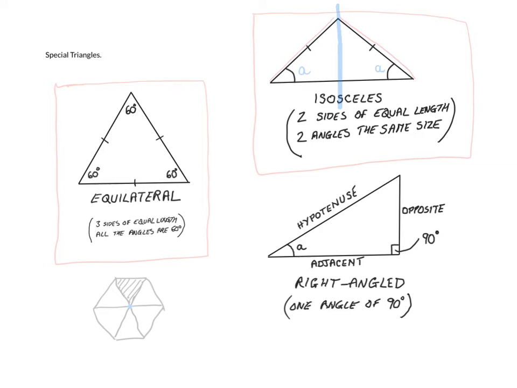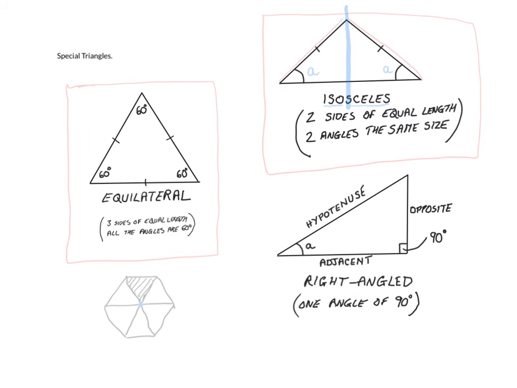It's another Greek word. The word iso just means the same, and skeles, or celes as we say, means scale. So it means same scale or same length, 2 sides the same length.